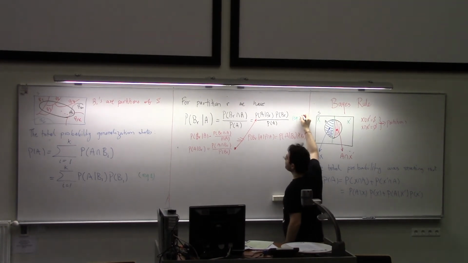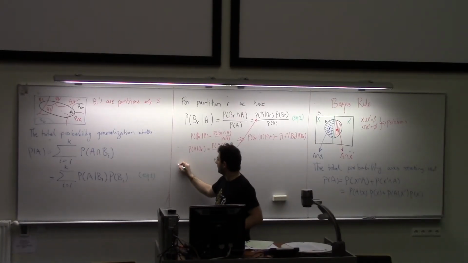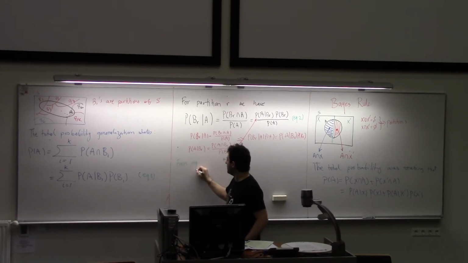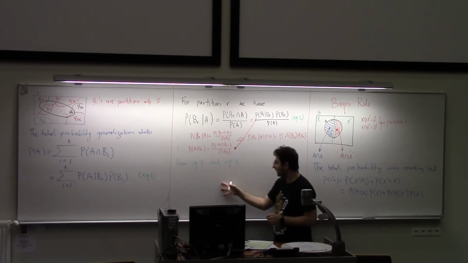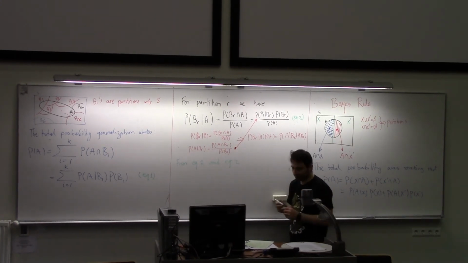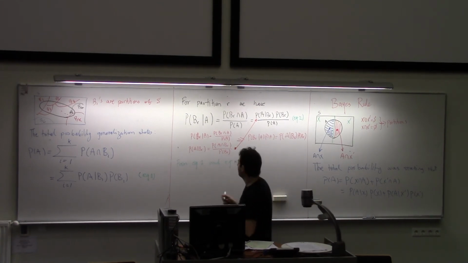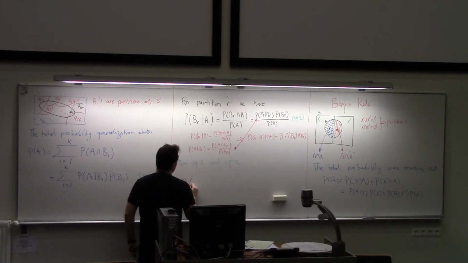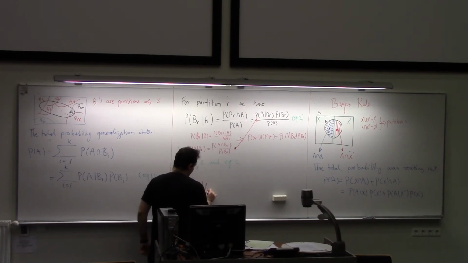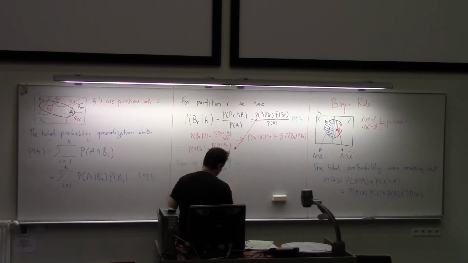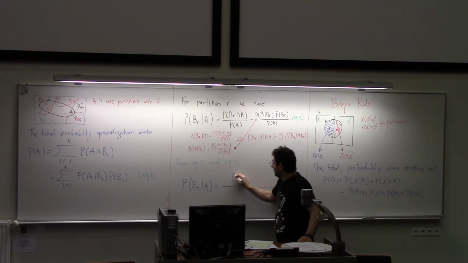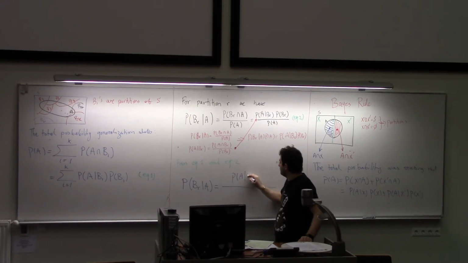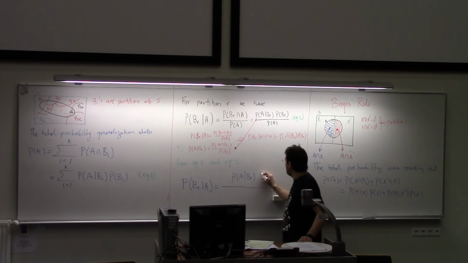Let's call it equation 2. From equation 1 and equation 2, you can see that the probability of BR given A is equal to the probability of A given BR multiplied by the probability of BR.